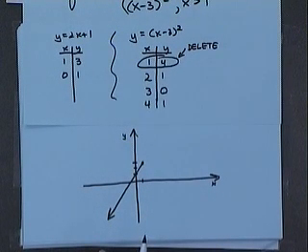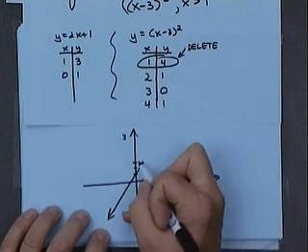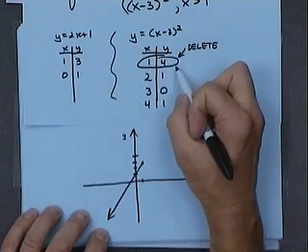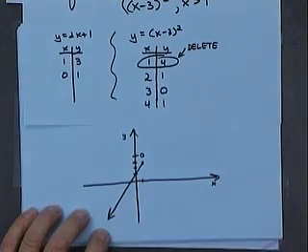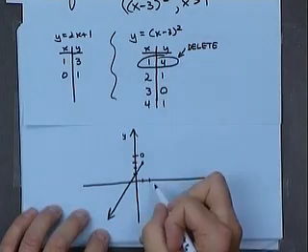Now what works for values larger than 1? Well, 1, 4 almost made it, but it didn't quite make it. So that's an open circle. And the rest of these points I can include.